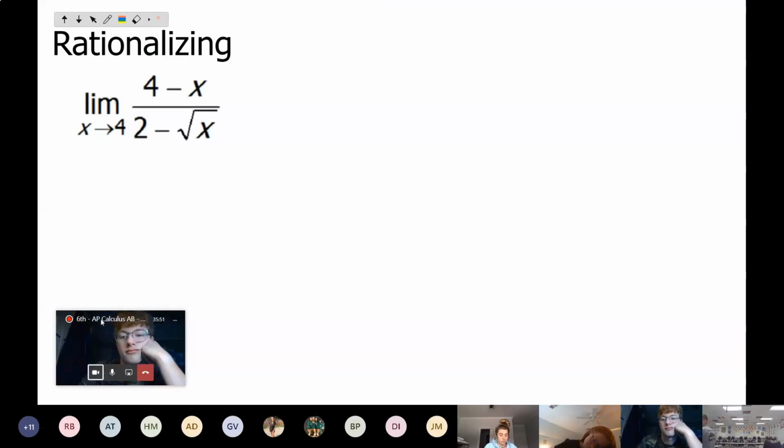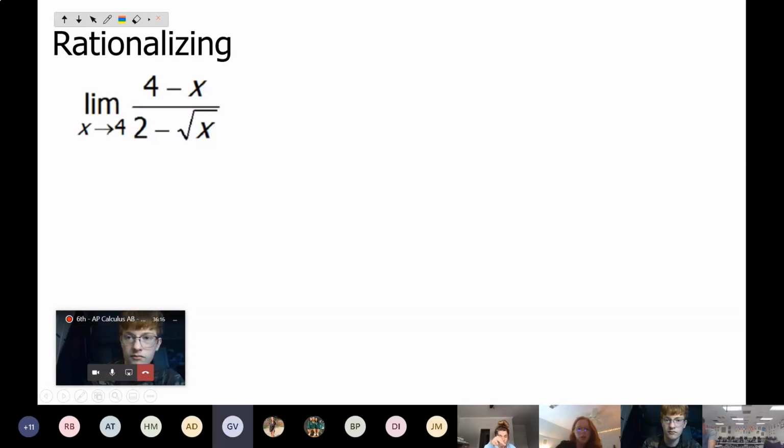So I have the limit as x is going to 4 of 4 minus x over 2 minus the square root of x. So first thing you always want to do when you're solving a limit problem is what? What's the first thing you should always attempt to do? Plug it in.